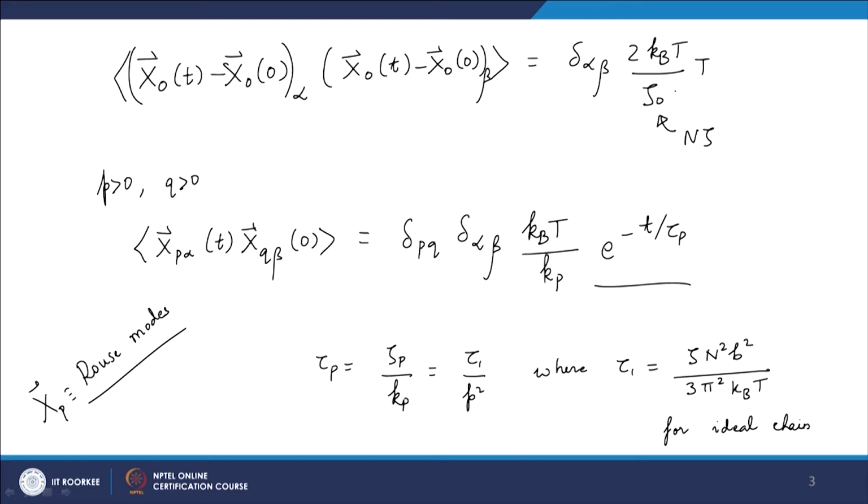That is what we started with, 2 kBT by zeta naught, that is what we had there.